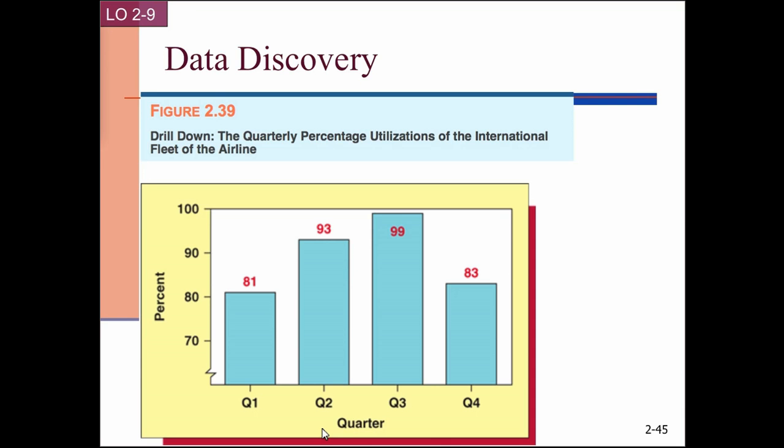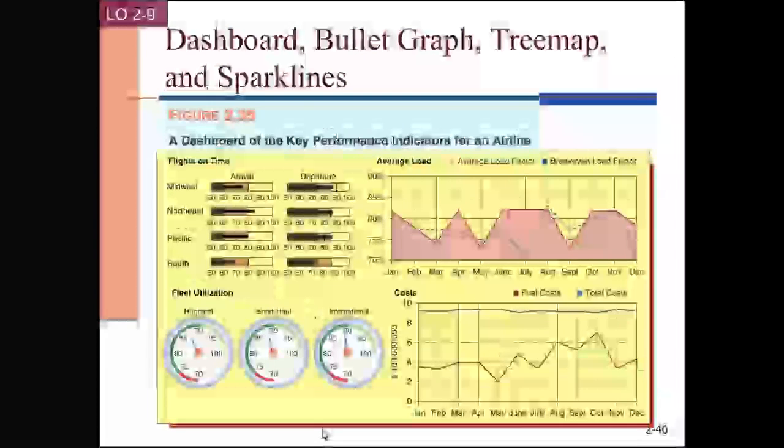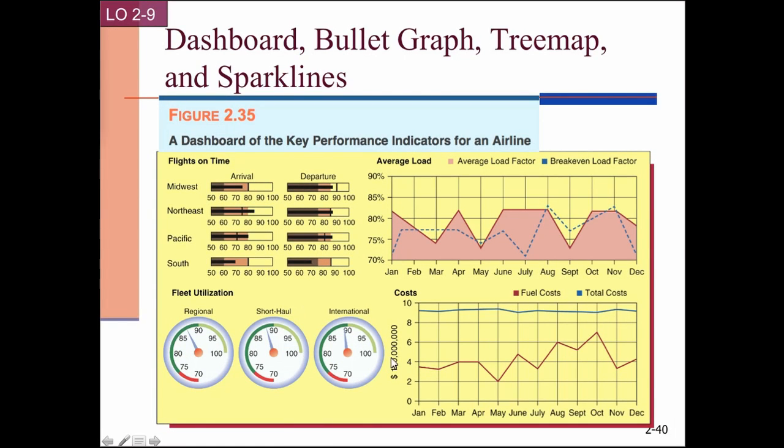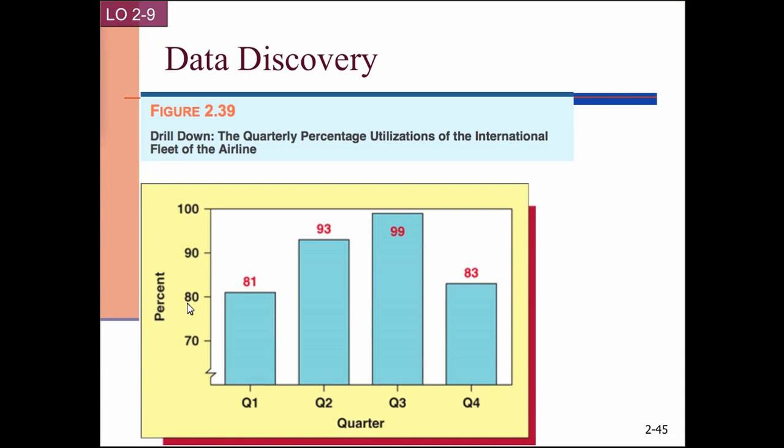So, for example, if you have the airline example, the fleet utilization that we saw in the previous example, this one here, with those gauges, if we dig deeper in this data and we don't look at the overall or the average only, but we look into the whole year of the utilization of the fleet, maybe divided by 4, so quarterly, so we understand what's going on in each one of those, and we plot it in this way, you can tell how this airline really did.